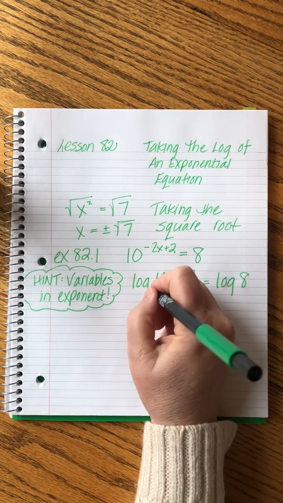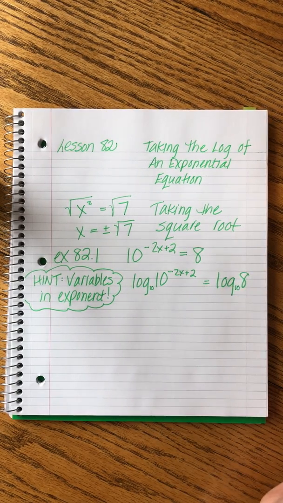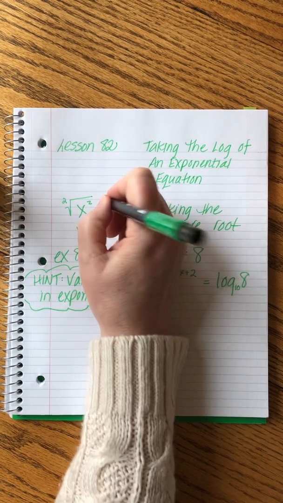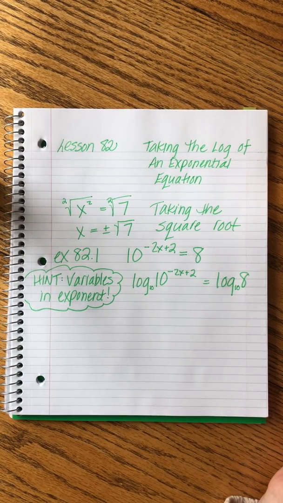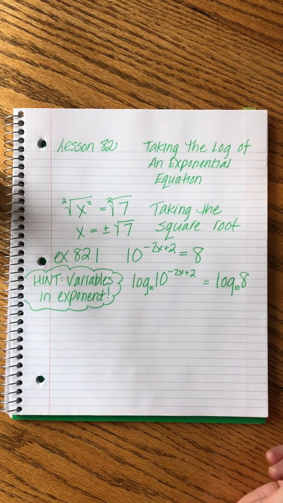Now, I chose to take the common log. That has a base of 10 implied in it. I don't have to write that 10 in there any more than I have to write the 2 up here. I could have used the natural log, that has a base of e, but I saw this 10 and I thought, that could make things easier if I use the base of 10.